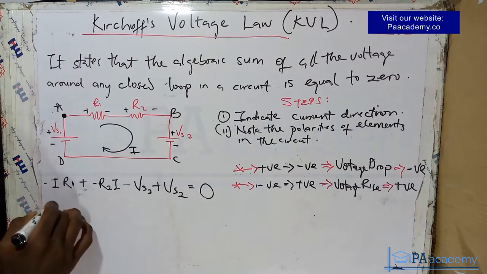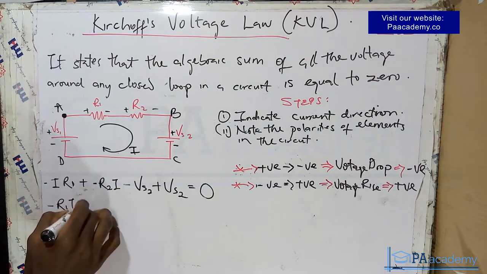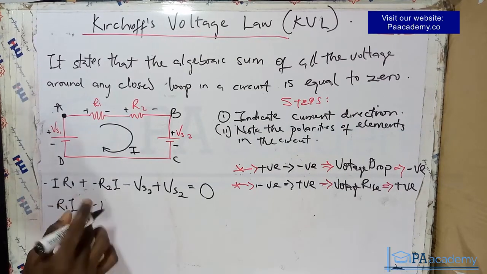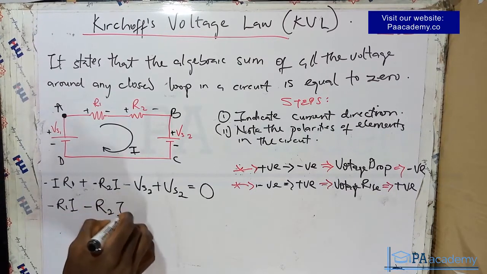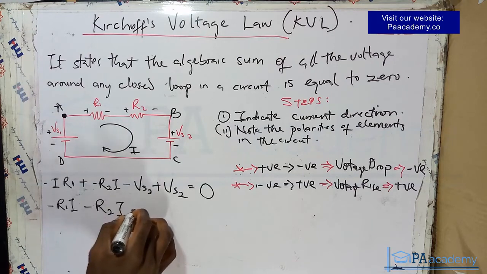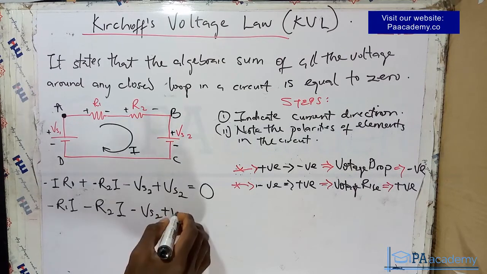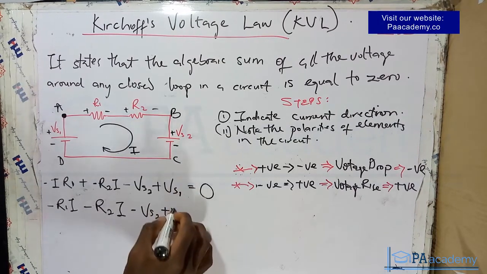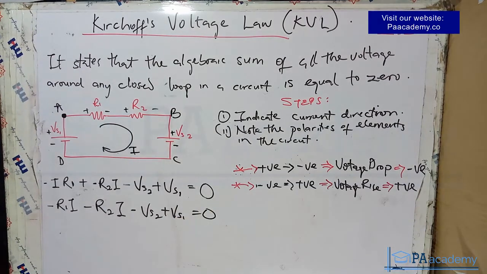So here we can write this as minus R1I, plus minus. Alright, so minus and plus here, definitely this plus will be out. So we are going to be having minus R2I, and then minus Vs2 plus Vs1, voltage source 1, minus Vs1 is equals to 0.